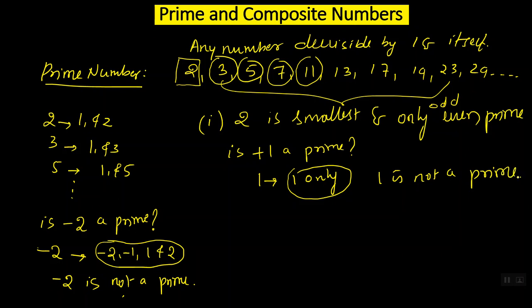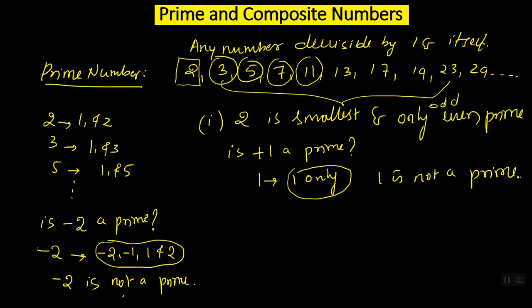Then it may come to your mind, is negative 1 a prime? Because negative 1 has two factors, what are those? 1 and negative 1. Now you may think negative 1 is a prime. Then I say negative 1 is still not a prime, because when you multiply any number by 1 or negative 1, the number just changes its sign.